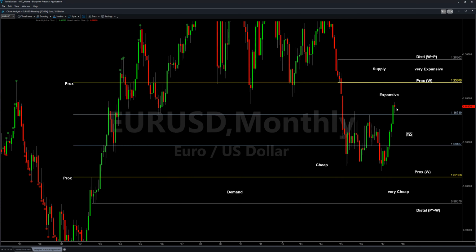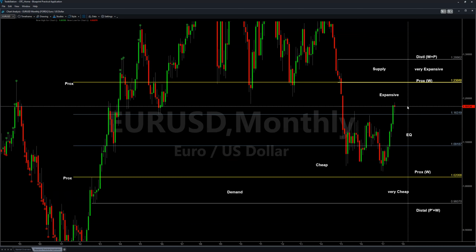Okay, if the current price is in this area from 1.16319 to 1.09187, we are in the EQ area, means we will do nothing. We will skip this asset, and you can set alerts above and below. Then you short this area here and you buy the current price here. Okay, that is the idea.